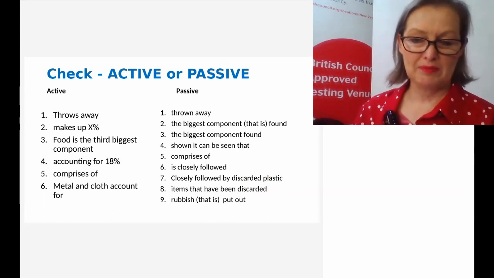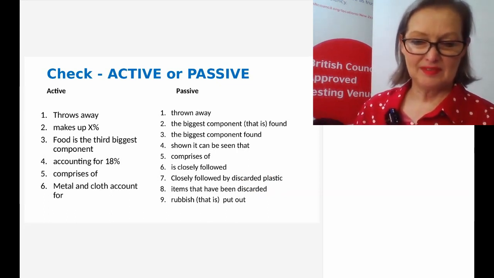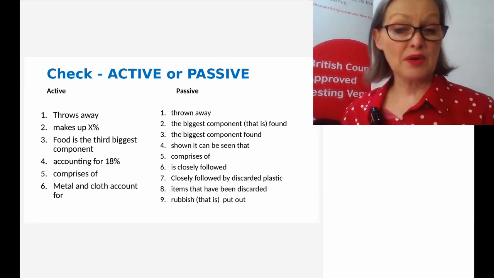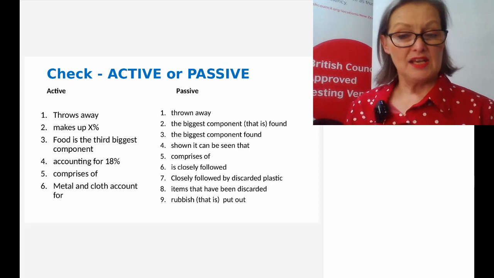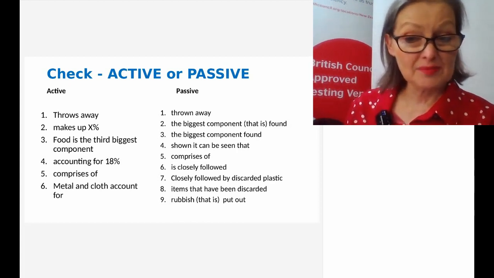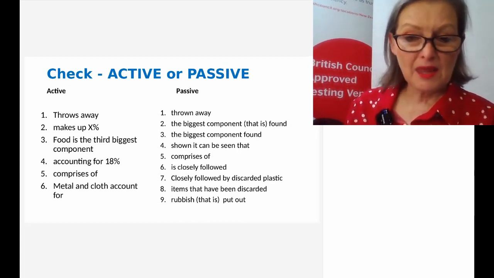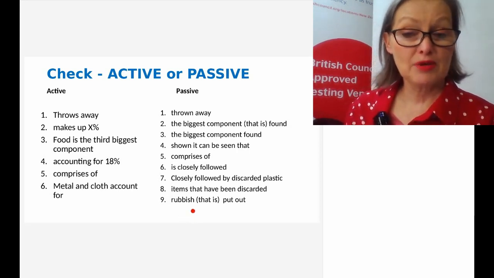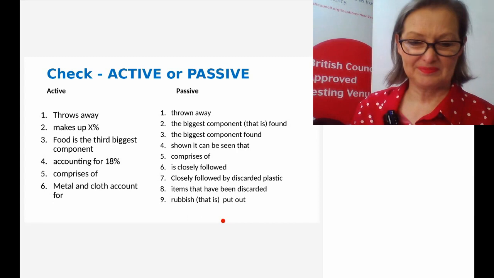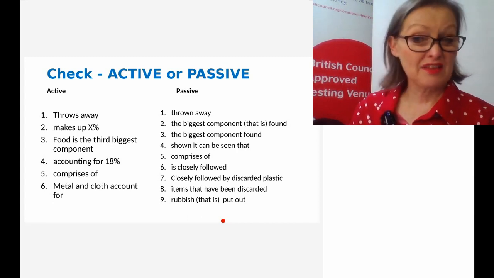It's telling me more about the plastic. So that's another way that we're going to practice extending our sentences. And if I use a sentence like this, items that have been discarded, I'm actually showing the examiner that I can use my present perfect passive. So yet another variation.